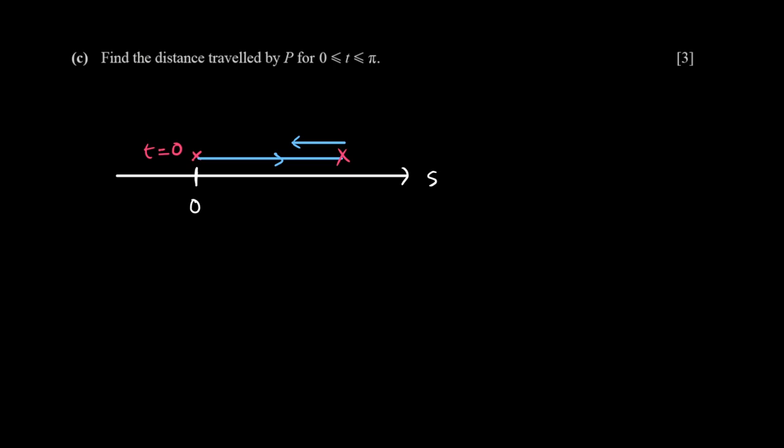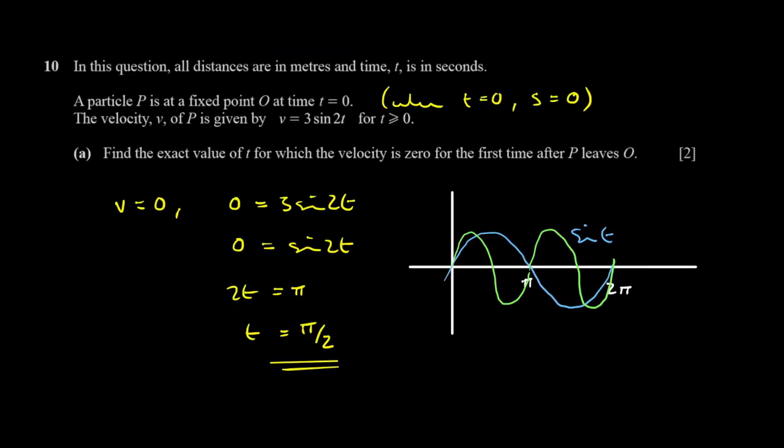Now, how do we know if we've changed direction? Basically, we know if we've changed direction if the velocity is 0 instantaneously, right? So whenever the velocity is 0, we have changed direction. And if we go back to part A, that's exactly what we're asked to find. Find the value of t for which the velocity is 0. So this is a massive clue.